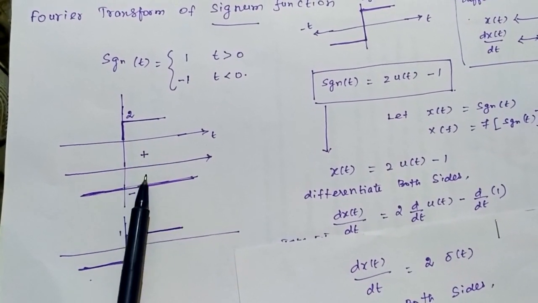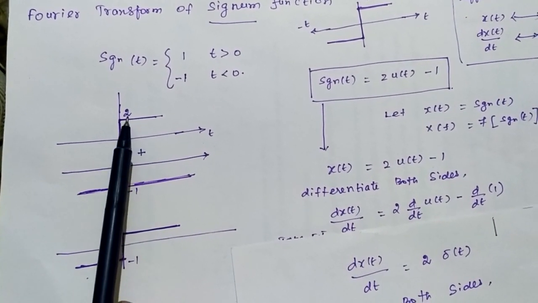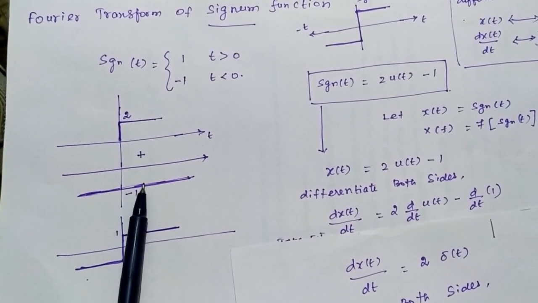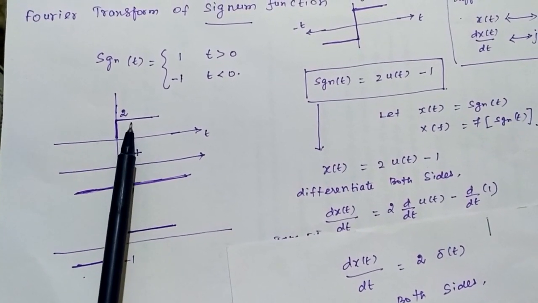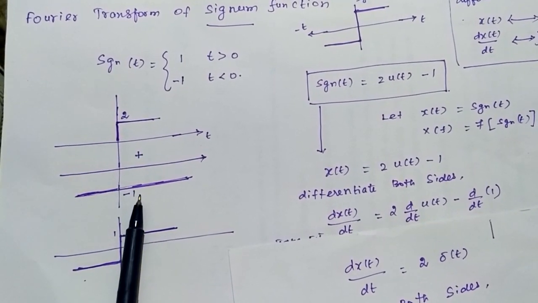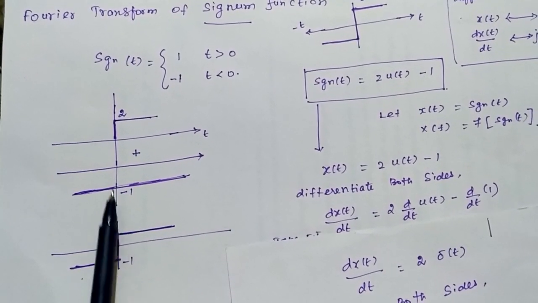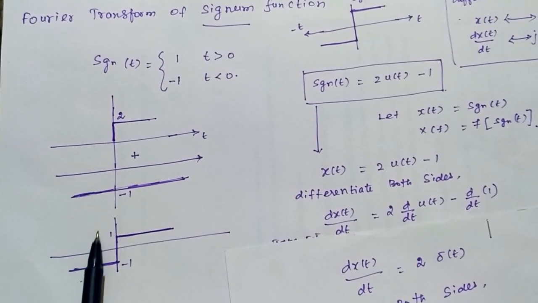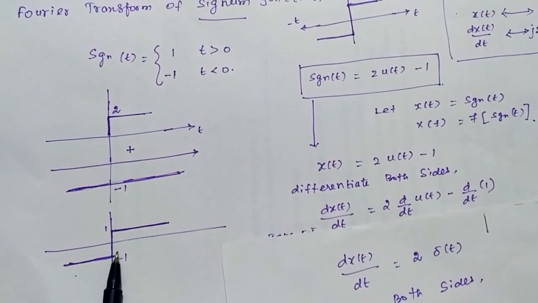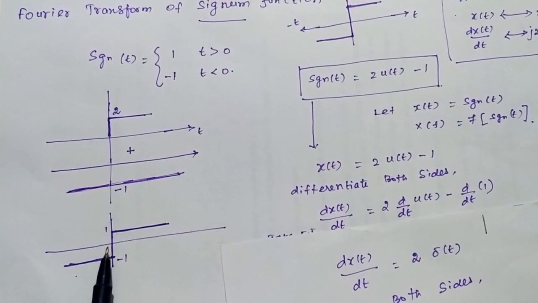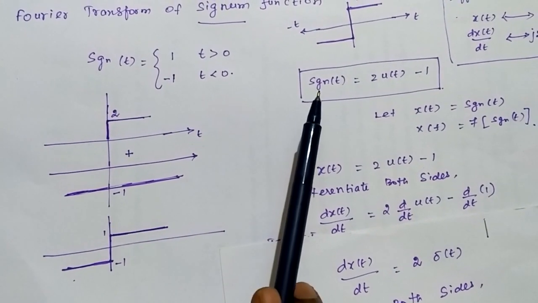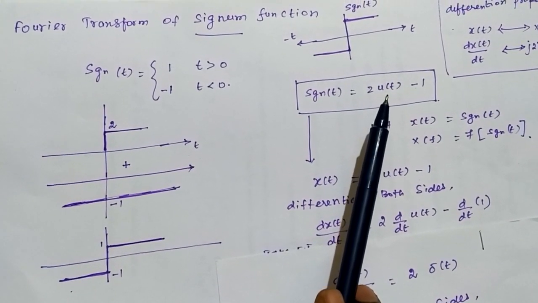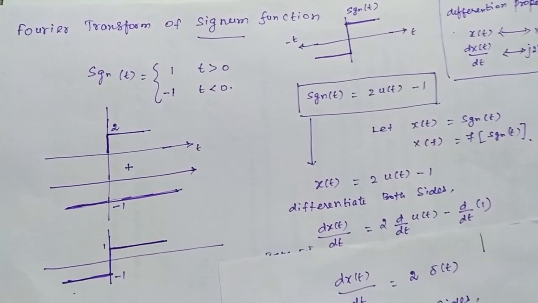When we add these two signals, for positive time we have 2 minus 1, which is plus 1, and for negative time we have 0 plus minus 1, which is minus 1. So this is nothing but a signum function. That is, the signum function can be realized as two times the step signal minus 1.